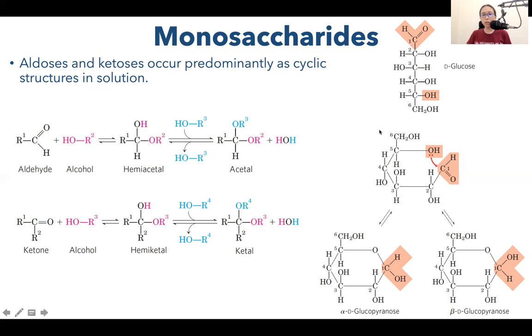For example, we have here glucose. The OH in carbon 5 can add to the carbonyl carbon, which is carbon 1. The lone pairs of the oxygen in the hydroxyl functional group can attack the carbonyl carbon.